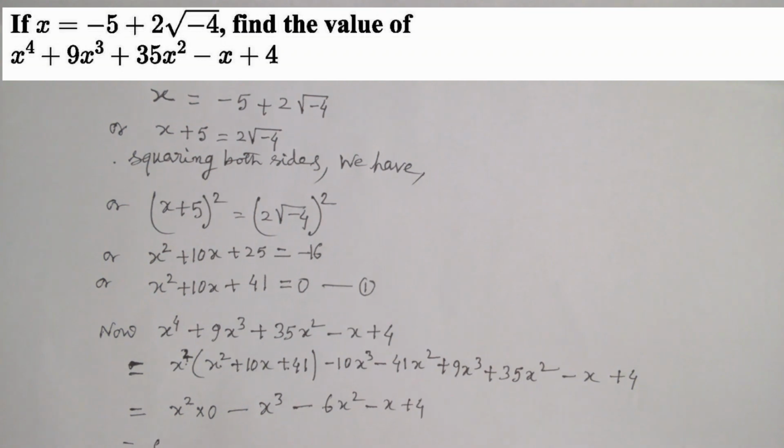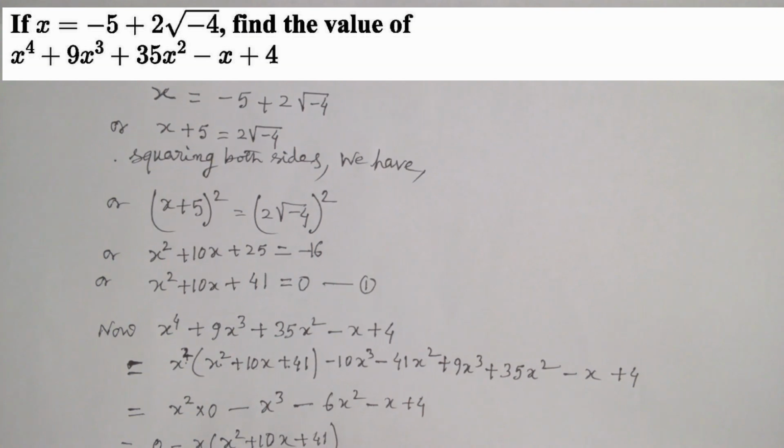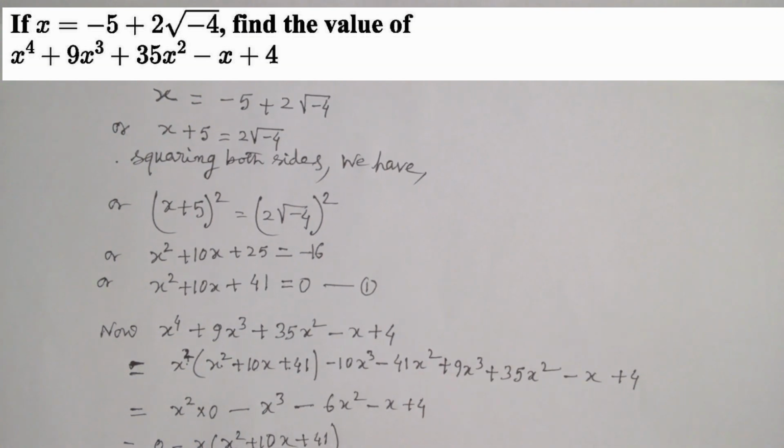This is 0, minus, writing x cube in this way, that means x into x square plus 10x plus 41. Now adjust, writing the terms. Whenever these are multiplied, x into x square is x cube, minus x cube. Here minus x plus 10x multiplied, minus 10x square, minus x into 41, minus 41x.